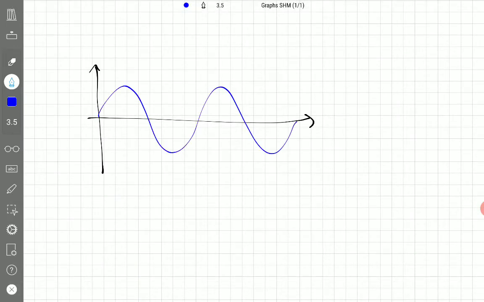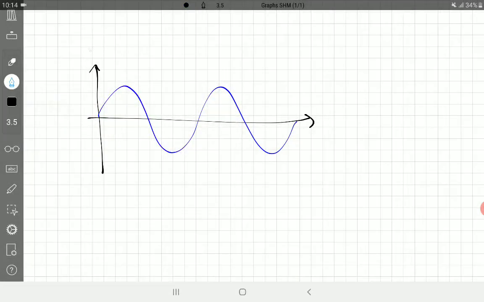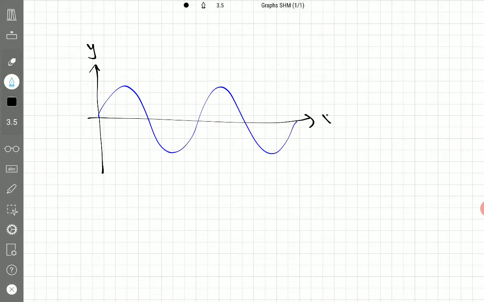I'm going to say this is the y-axis, this is the x-axis, and this is y equals sine of x, the very usual shape.